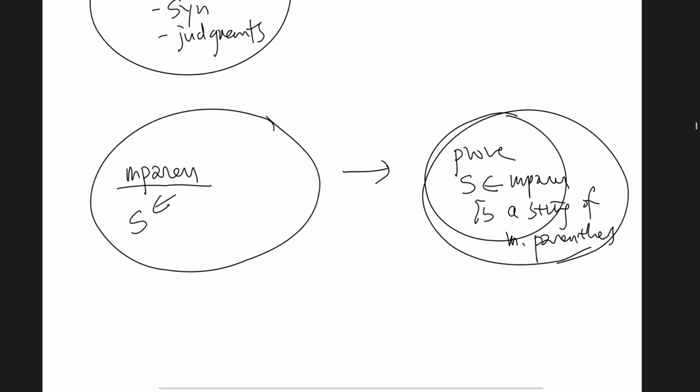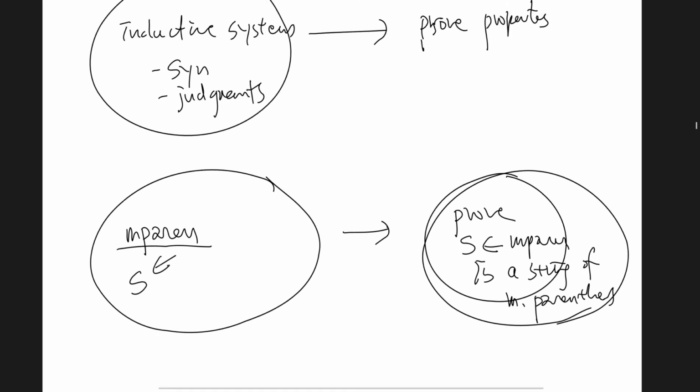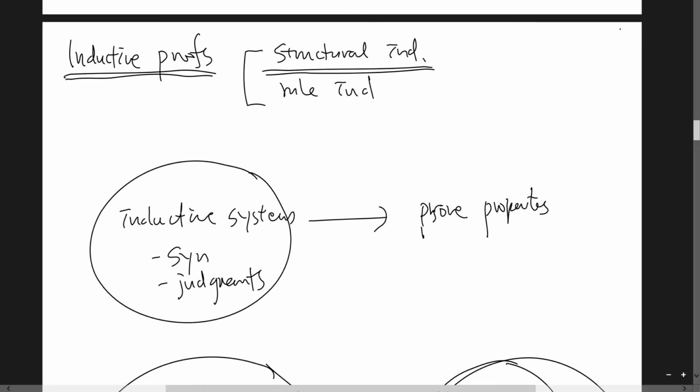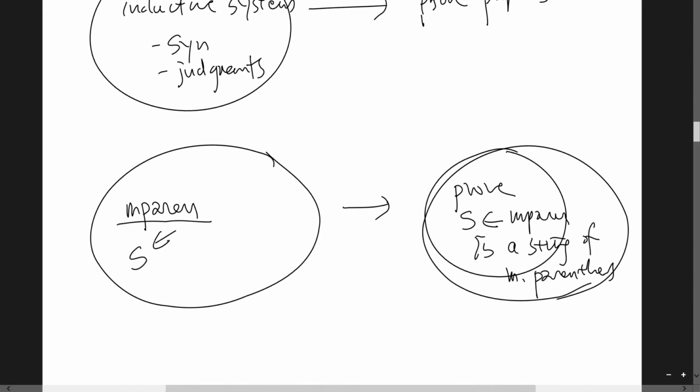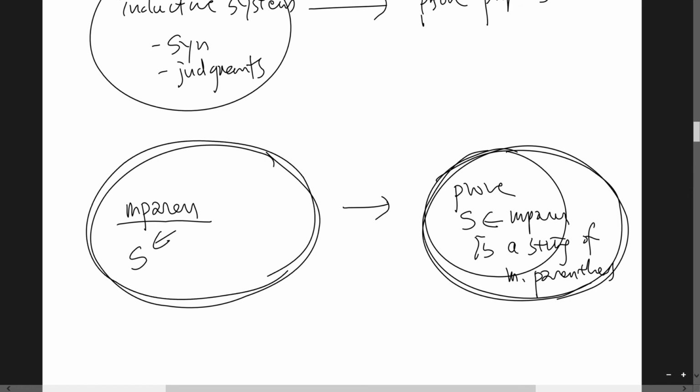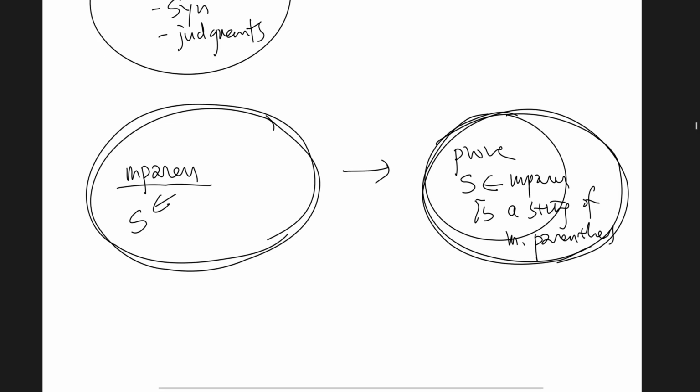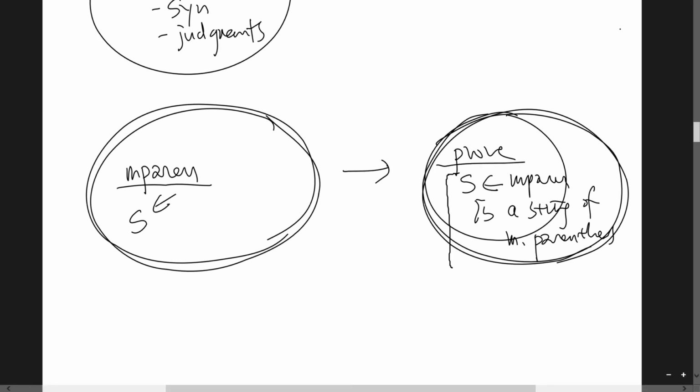So the reason that we need these two techniques, structural induction or rule induction, is we'd like to be able to prove interesting properties of the inductive system that we define. So after proving this property, we convince ourselves that this definition indeed complies with the intuition that we had.